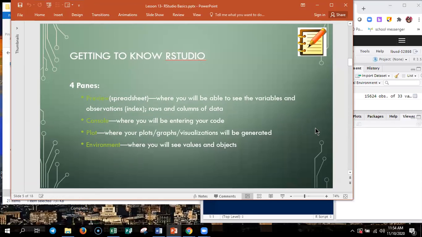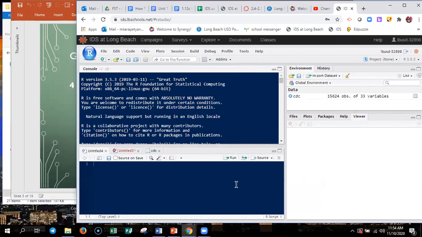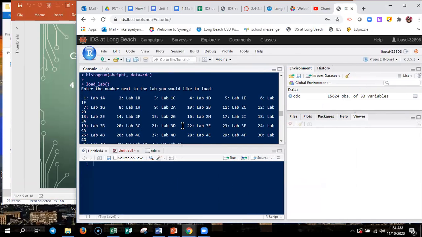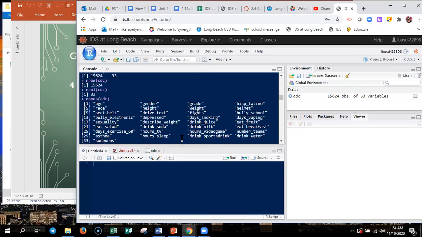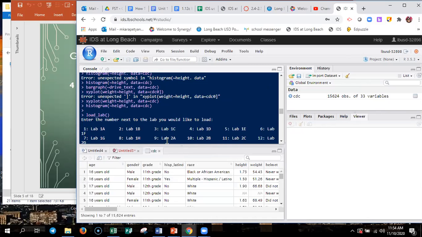The preview is kind of like your spreadsheet. This is where you're going to be able to see your variables and your observations, your rows and columns of data. So for example, if you take a look at my stuff here, you were able to see that right over here. This is my preview area.